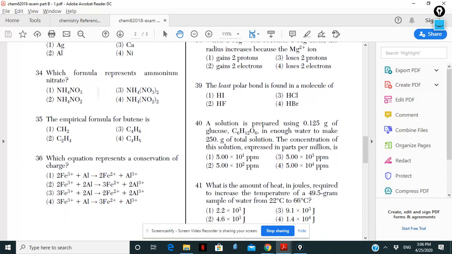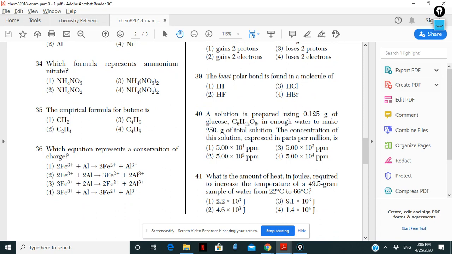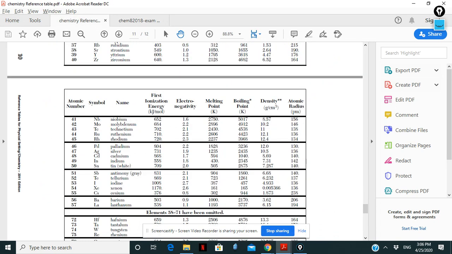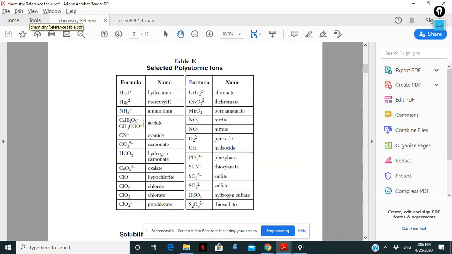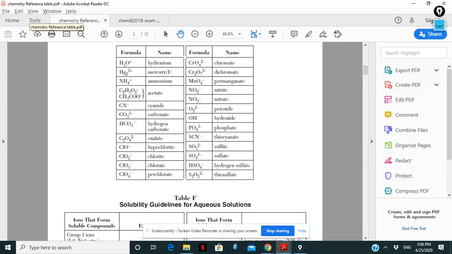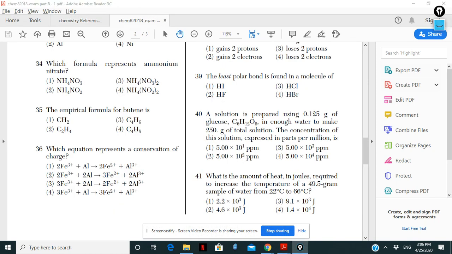Question number 34. Which formula represents ammonium nitrate? I'm looking at the reference sheet, page 1. The nitrate symbol is NO3, so the ones that have NO3 are these two.